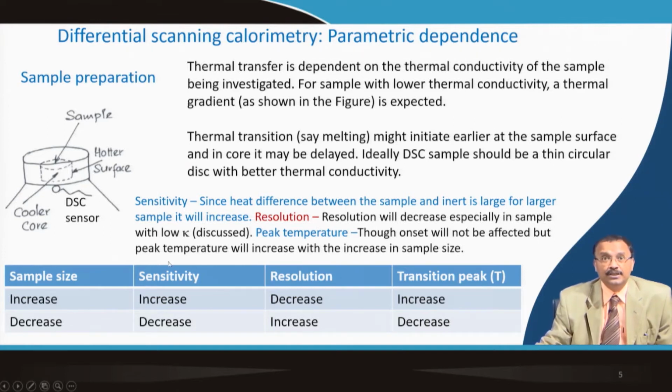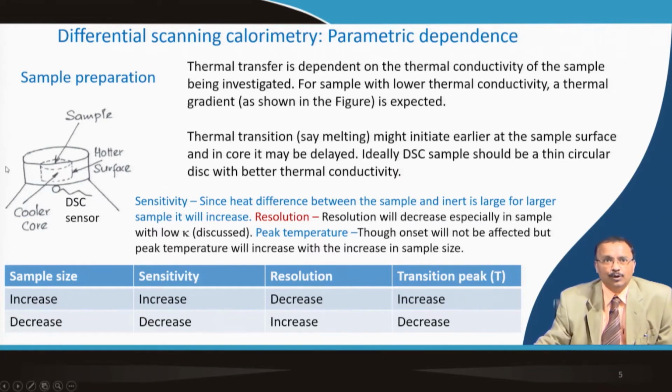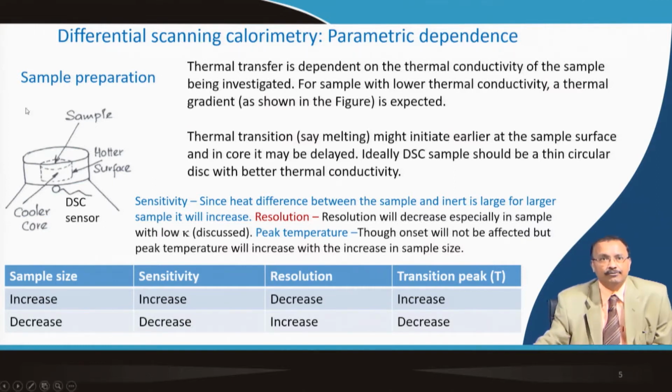So, sample preparation is important. Heat transfer is dependent on the thermal conductivity of the sample being investigated. They use a small pan where the sample is put. If the sample has lower thermal conductivity, of course, a thermal gradient will be there. The surface facing the furnace will be hot, and the core will be in a cooler region.